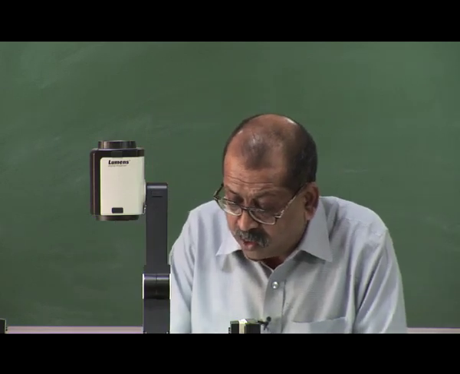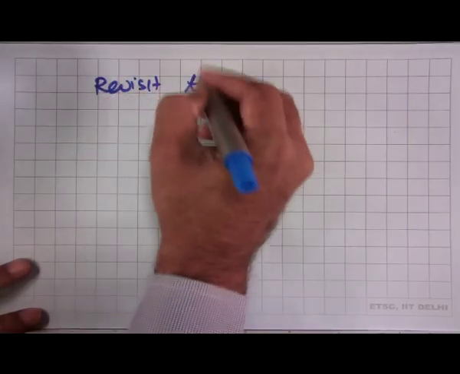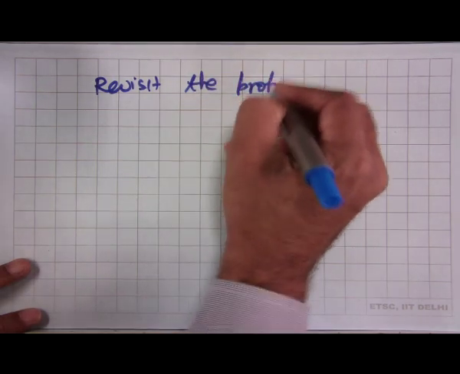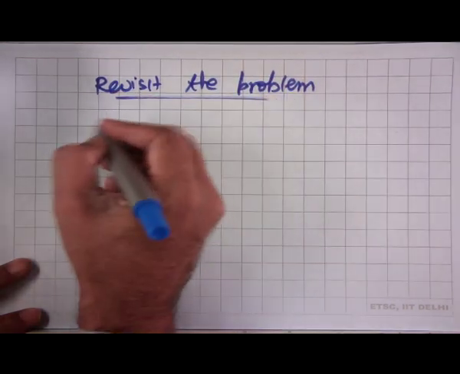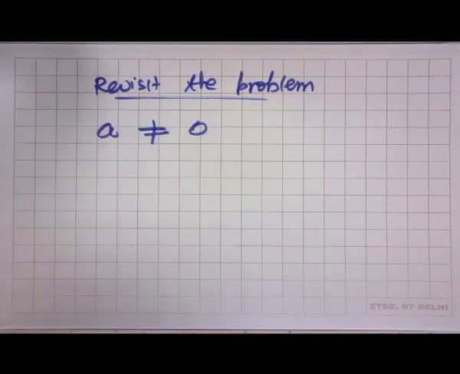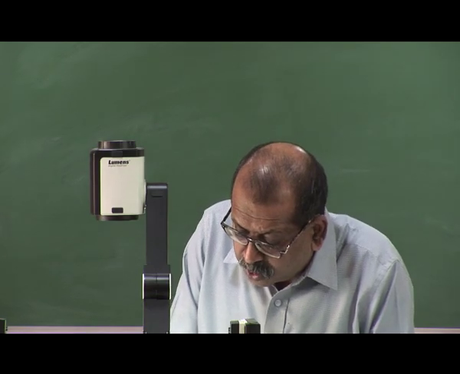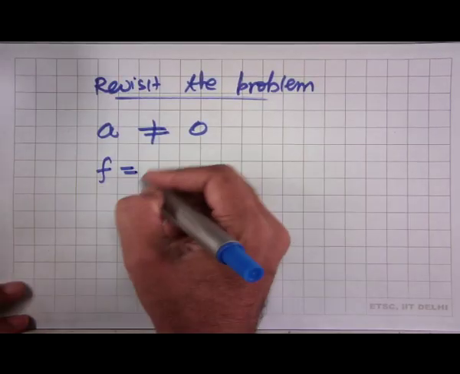So, that means now we revisit the problem. Now, acceleration will not be 0. The body will start to slip, except of course in the case of impending slip, when the body is just about to move. So, there, we will put the value of f.